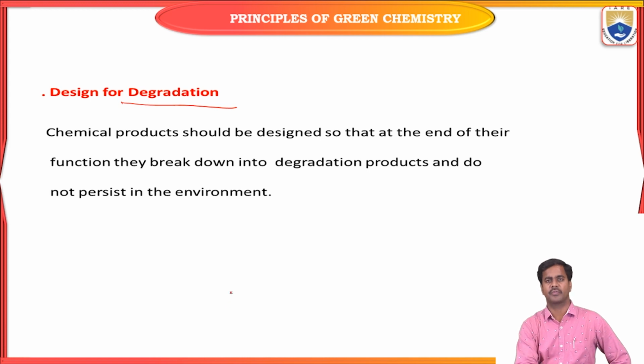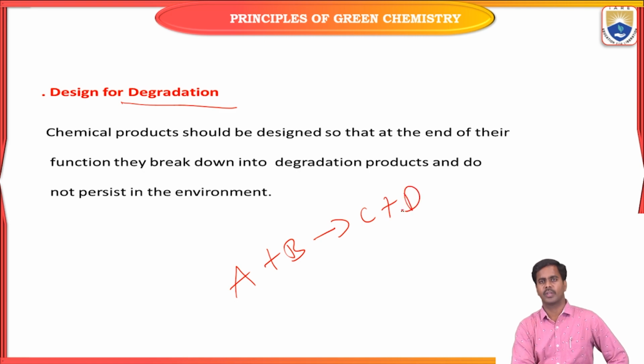That means, suppose you take some reaction, again A plus B gives rise to C plus D. If you take biodegradable products in a reaction, suppose this reaction takes place in the presence of E as a catalyst, that should be biodegradable.